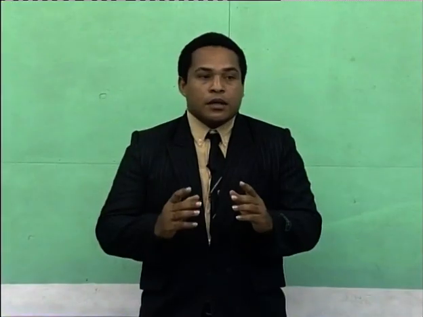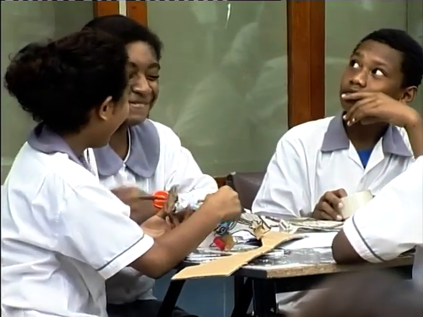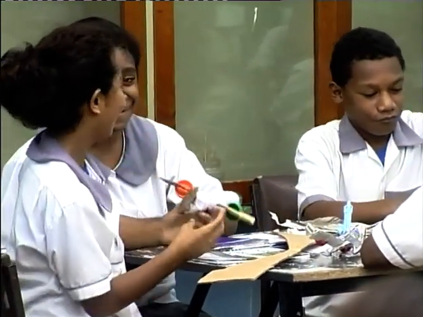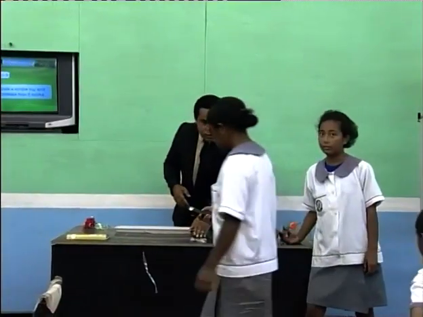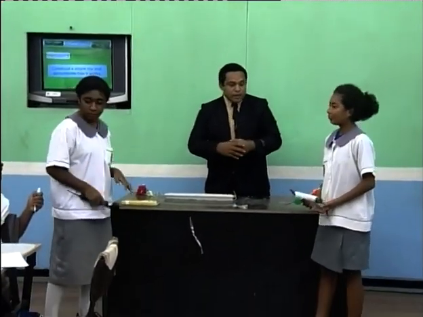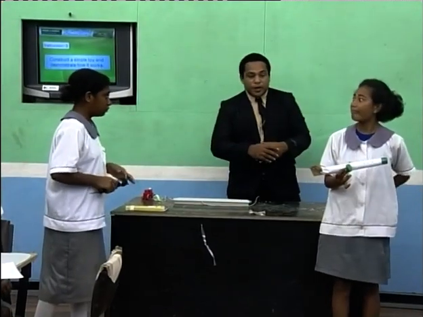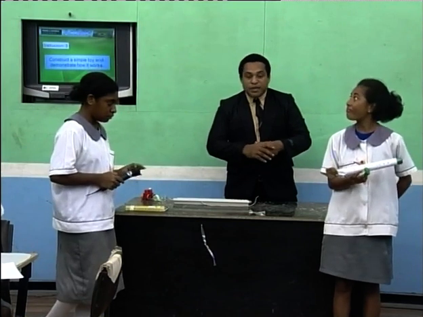Thank you. Let's have one more group come to the front. Thank you. Okay, Ashanti, you tell the receiving students and 6C what type of materials you used to construct that simple toy, and you also tell us how it works. Thank you, Ashanti.